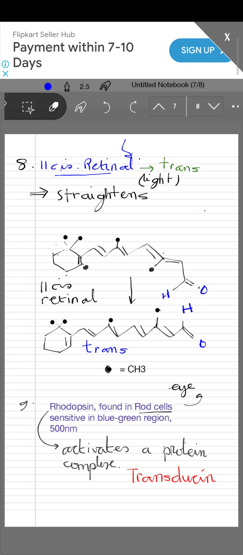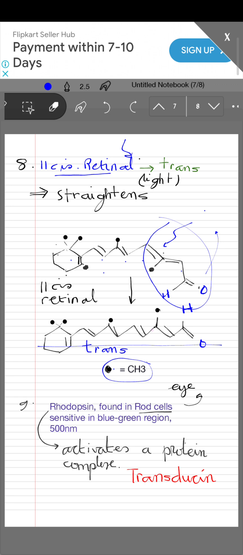Now what is happening is that, see here, this is the structure of the cis retinal. The black dot represents the CH3. So when light falls on this region of the structure, it moves, straightens up, and this is the trans retinal. So this is what takes place.